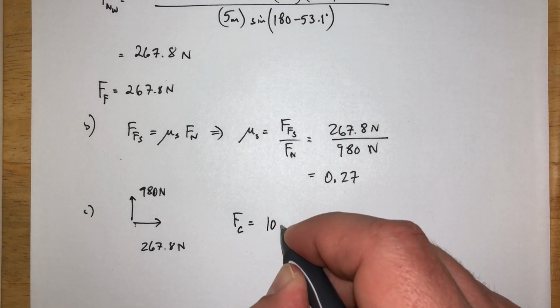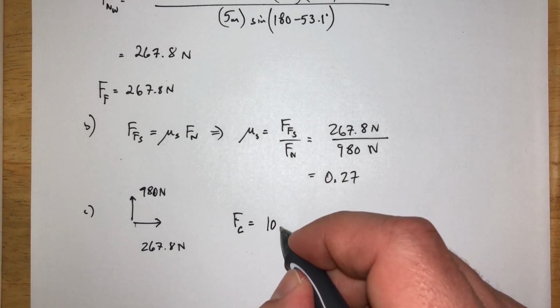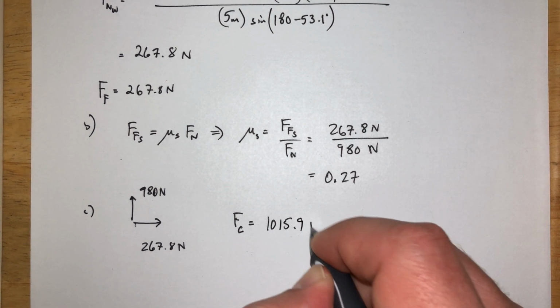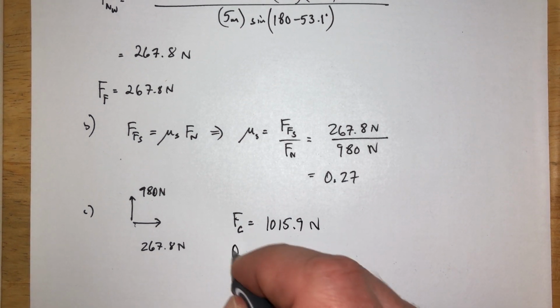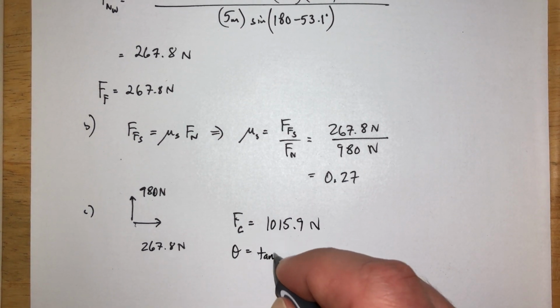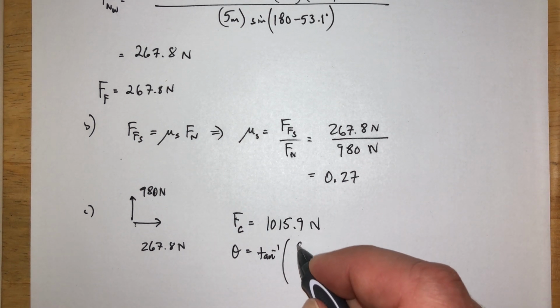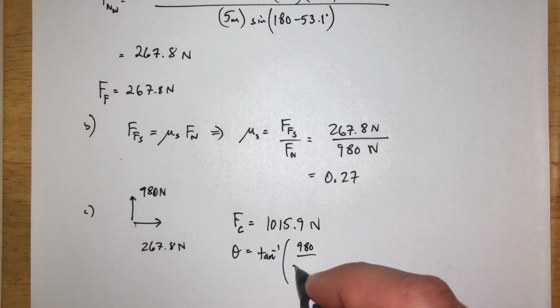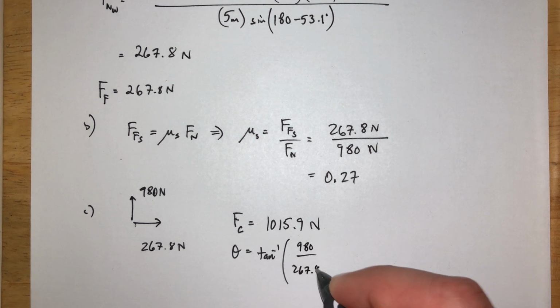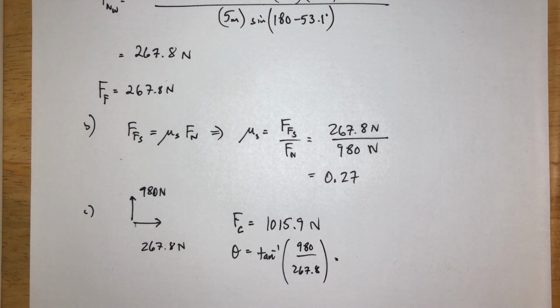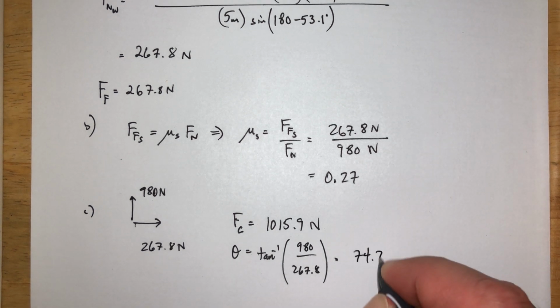So 1,015.9 newtons, and if we need the direction, it's arctangent of 980 over 267.8, which is 74.7 degrees.